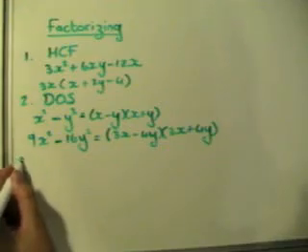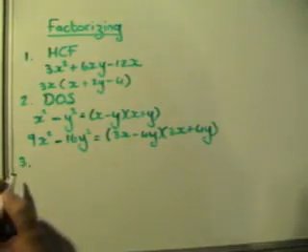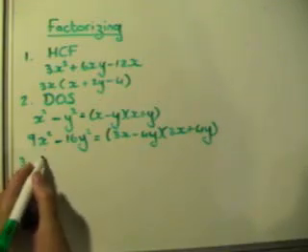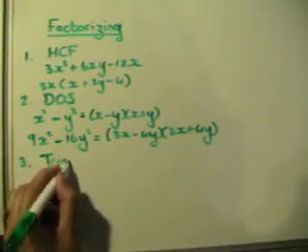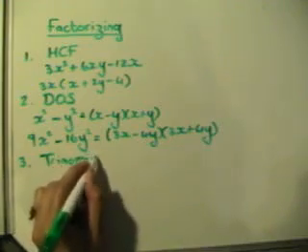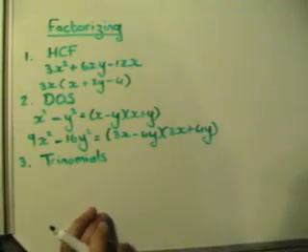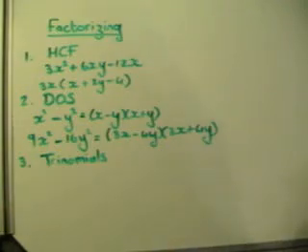The third type of factorizing that you must be able to do up until matric is called the trinomials. Now I'm guessing you have some sort of steps or method to do this.